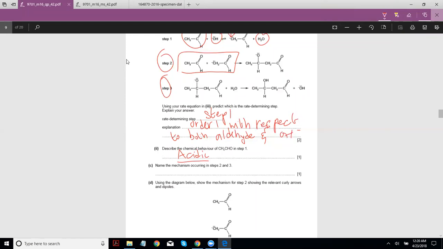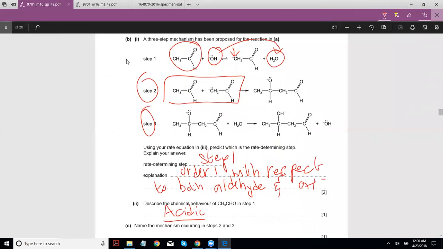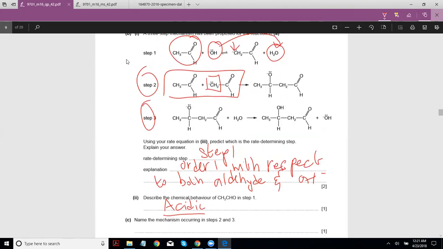Name the mechanism occurring in step 2 and step 3. What is happening in step 2 and step 3? In step 3 it's accepting H positive, which is basic behavior, but they're looking for the mechanism.